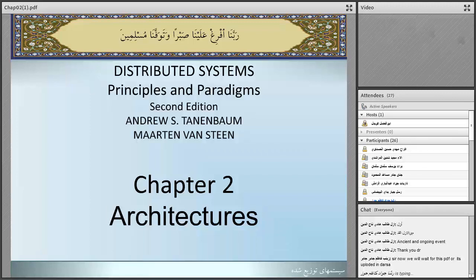So, okay, we will stop our lecture here, and we will continue chapter 2 in the next session. But as you can see, here is a dua. Can you guess who said this dua? Don't search it, please. Rabbana afrigh alayna sabran wa tawaffana muslimin. Who said this dua? Please don't search on the internet.